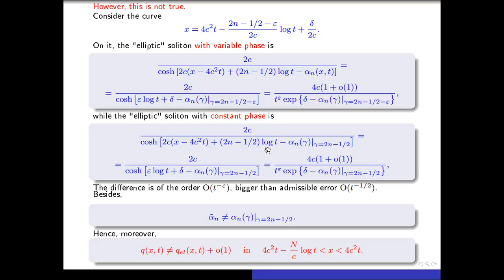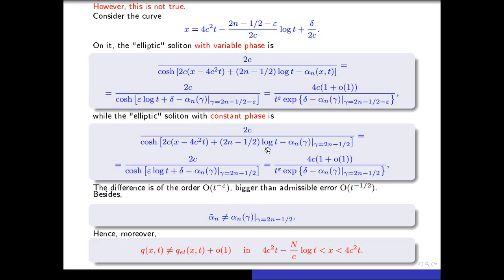Unfortunately, it turned out that the rate of decay of these solitons away from their central lines is not fast enough to replace the phase with just a constant.